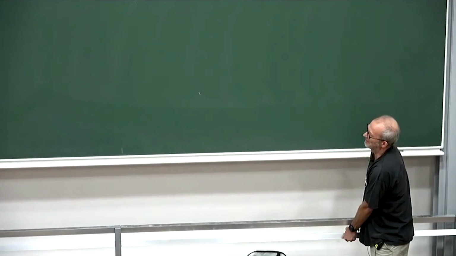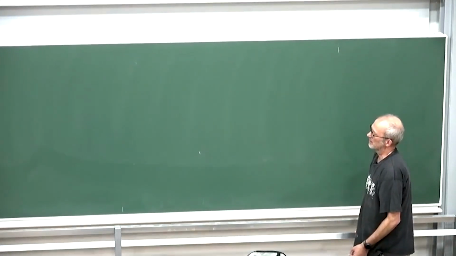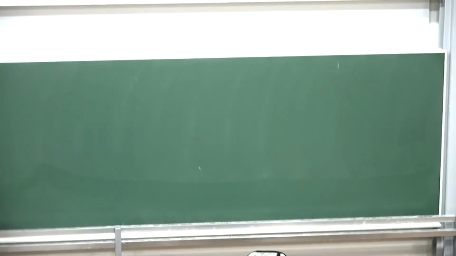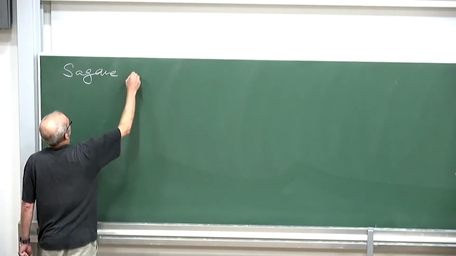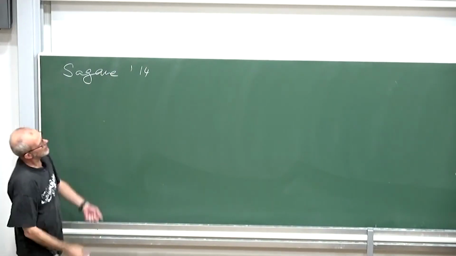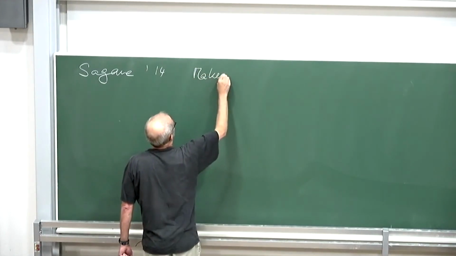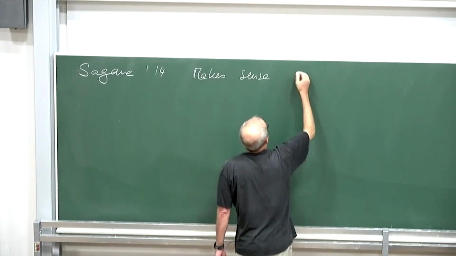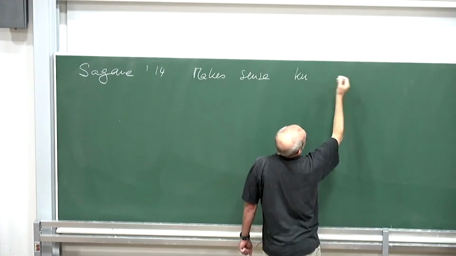So, fortunately, some other clever guys did this for us. So Sagave in 2014 made sense of this formula. He gave the first, I think, nice construction of such a formula.